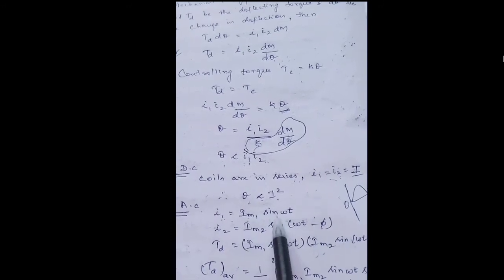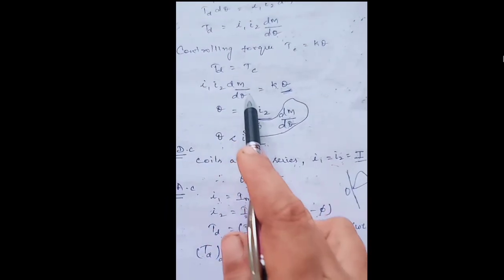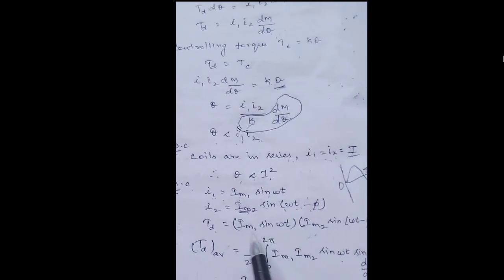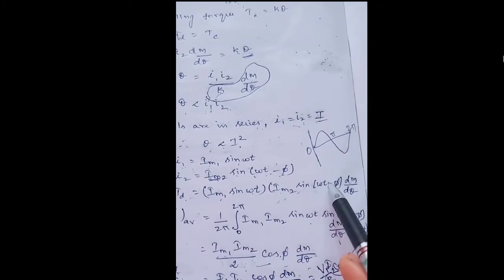So if the current through the fixed coil is denoted by Im1 sin omega t, the same current will be flowing through the moving coil also, but with a little bit of phase difference, denoted by sin of omega t minus phi. So in our equation, TD is equal to I1 I2 dm by d theta. I am going to substitute these values over here. So TD is equal to Im1 sin omega t into Im2 sin of omega t minus phi, dm by d theta.